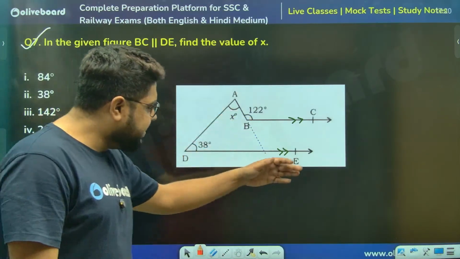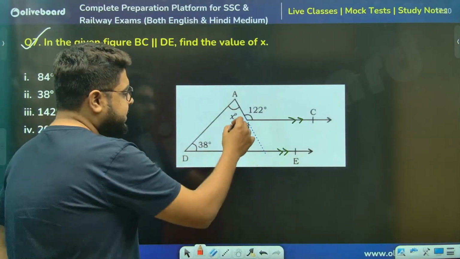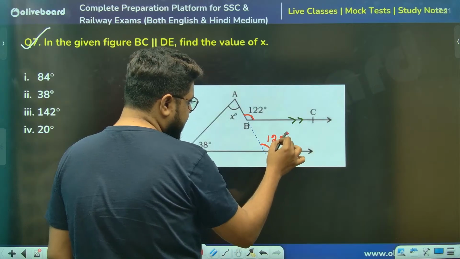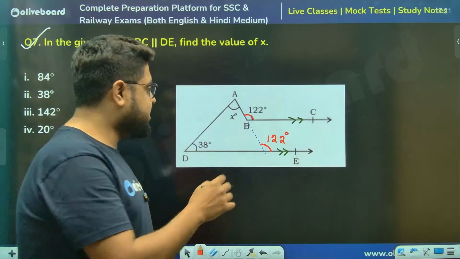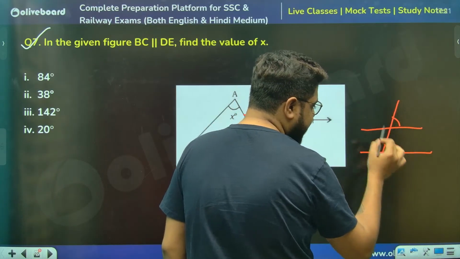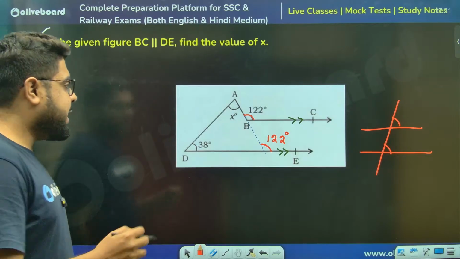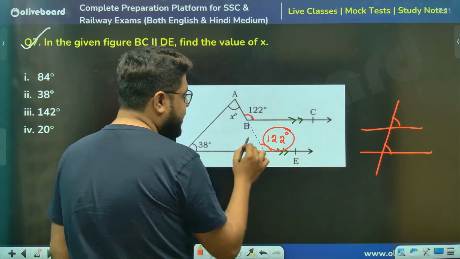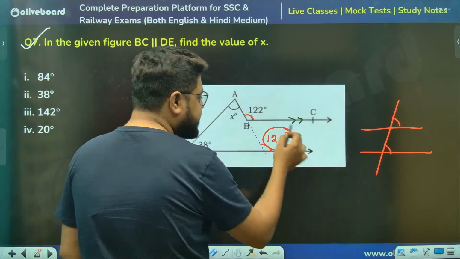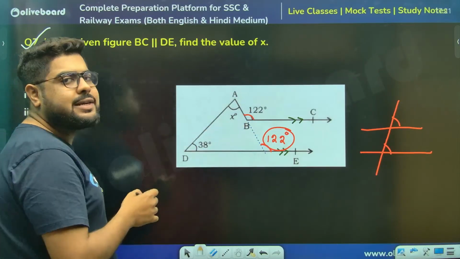You can do it in many different ways actually. If this is 122, this is also 122. Everyone agrees with me here, sir? Because the logic is the same: two parallel lines, one transversal, these two angles are always equal. So this angle must be equal to the sum of the opposite internal angles.